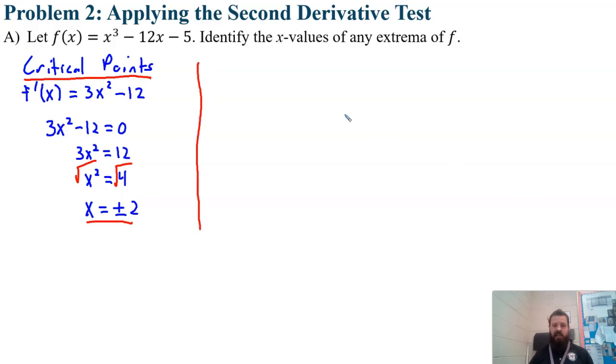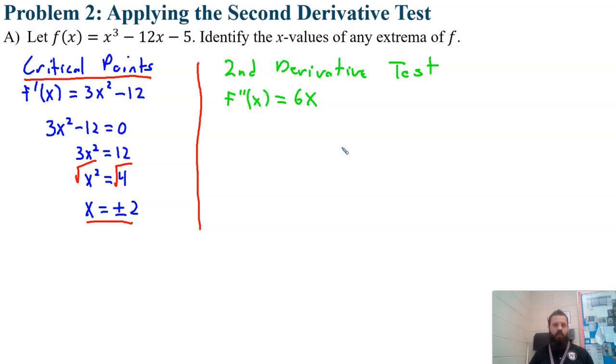Getting into the second derivative test then, what we're going to do is look at the second derivative of our function. So f double prime of x is just the derivative of the first derivative. That's going to be just 6x.